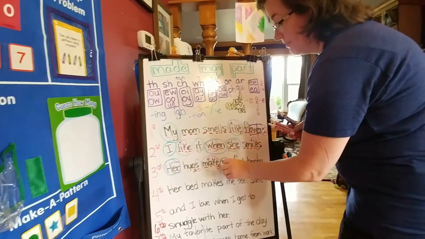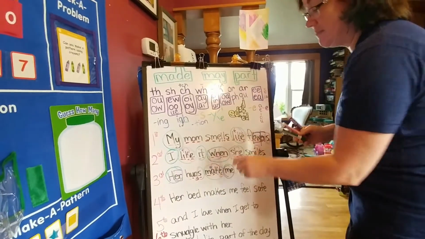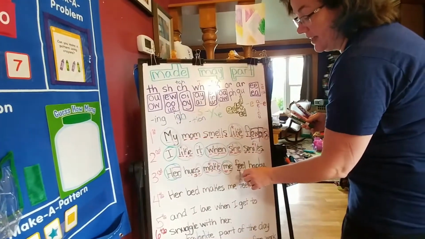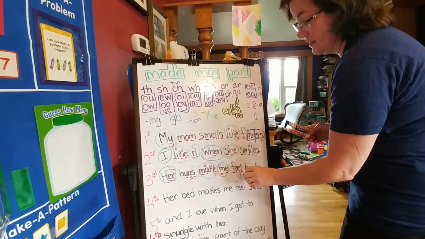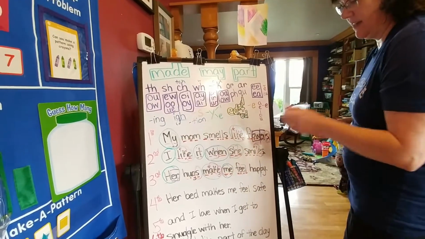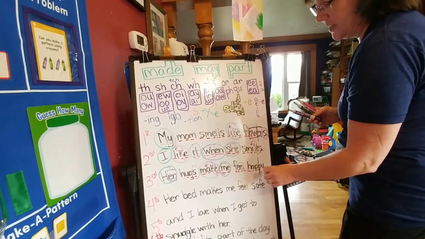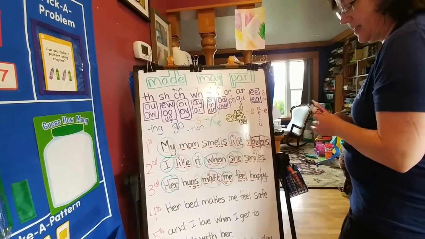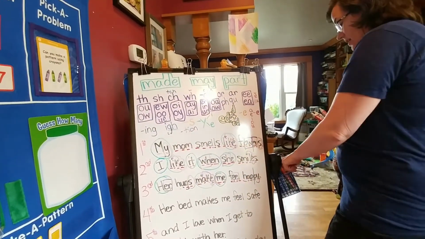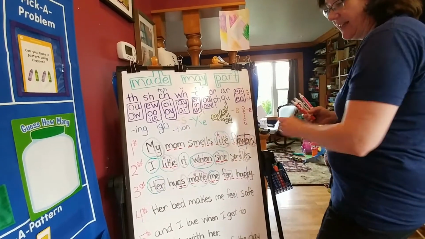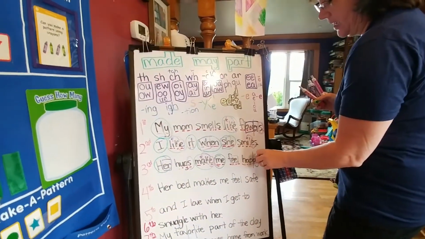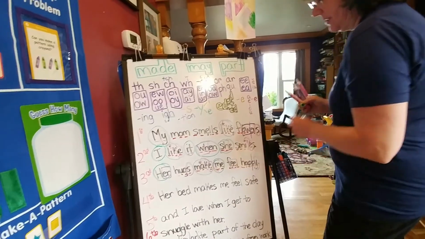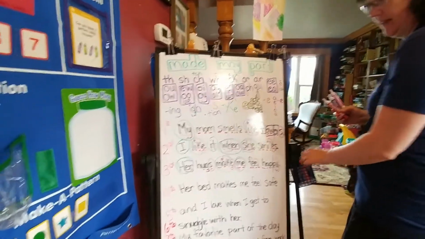Miss Root's messing up her pens. Me, M-E, me. Feel, F-E-E-L, with our letter pair E-E. Happy, H-A-P-P-Y. And happy has our Y at the end, making that E sound. Okay? Just like Henry. Henry is happy. The baby's happy. Has that Y making an E sound.